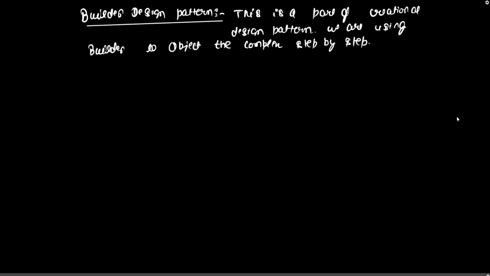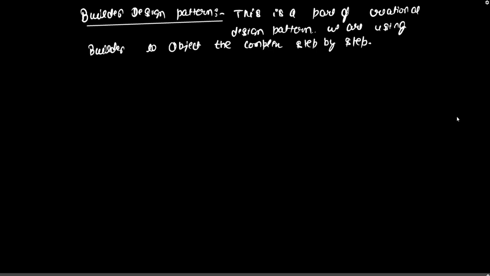Complex object basically means we have a lot of parameters, or we have too many parameters.